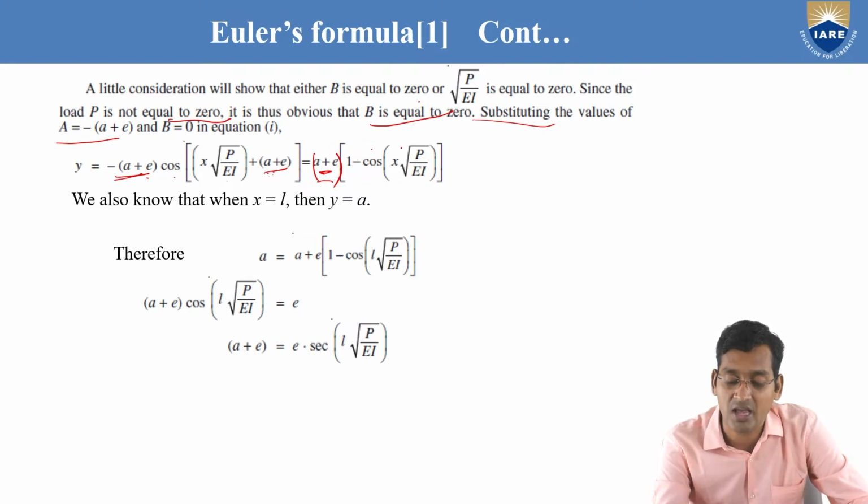Now, because we have to remove this x finally, we substitute the third boundary condition.